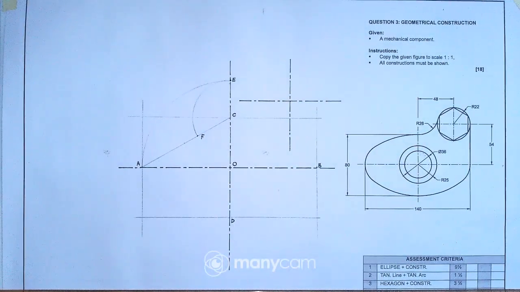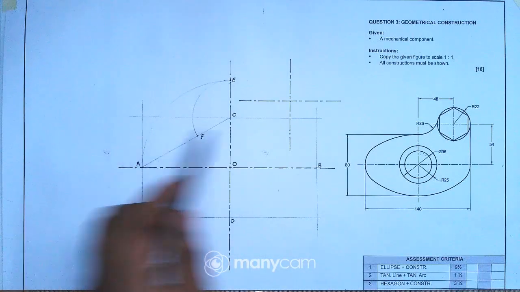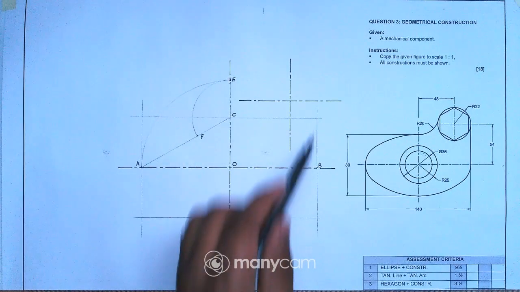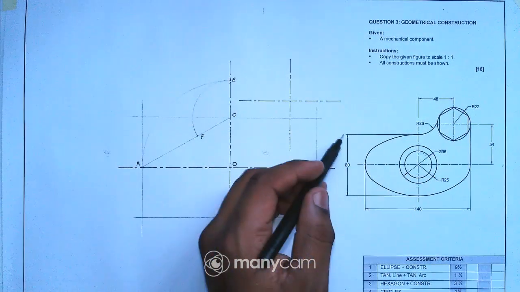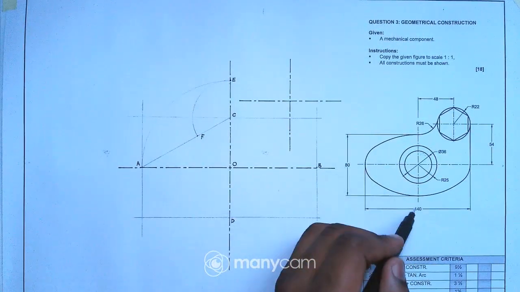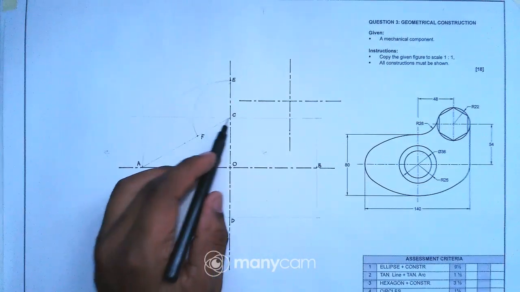So, okay, I'll repeat again. First thing that you have to do is to draw this rectangle in light constructions using what? This given measurements here. And step number 2, you have to label the points.